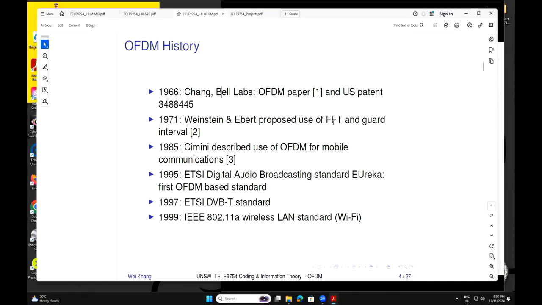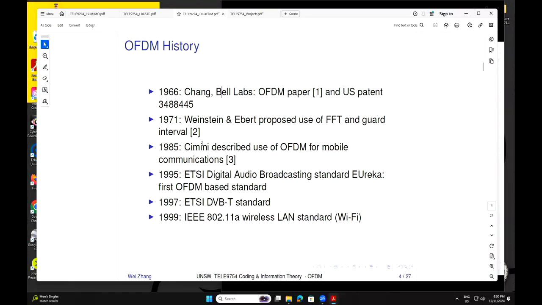And then later it could be used for the OFDM. And also in 1985, Lance Simony, also a researcher at Bell Labs, I met him many times at conferences. He just retired last month from the university. He's a really good guy, adopting OFDM into mobile communications when he studied this topic.